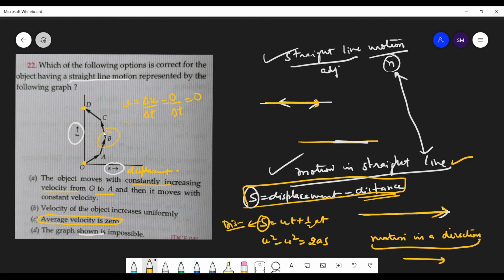That can be one of the answers. So it can have multiple answers also. The graph shown is impossible if you are taking distance. But somebody will be taking like, sir, I am not taking distance, I am taking it as displacement. So then the average velocity is 0. Yes? Yes, sir.